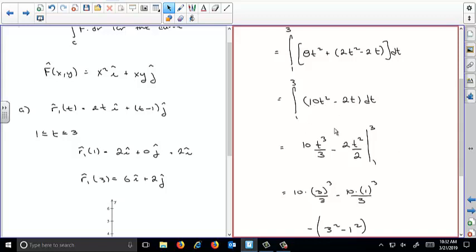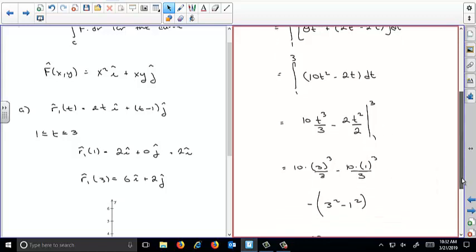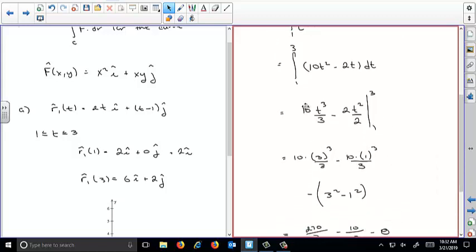So the integral of t squared is t cubed over 3. The integral of t is t squared over 2. In this case, we have to evaluate it at both the upper and lower limit. So I evaluated this at the upper limit, so I get 10 times 3 cubed over 3, and subtracted at the lower limit, 10 times 1 cubed over 3.